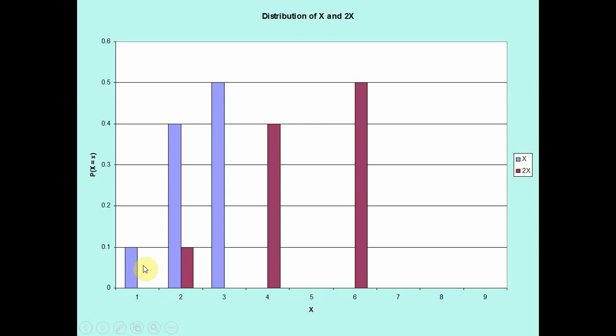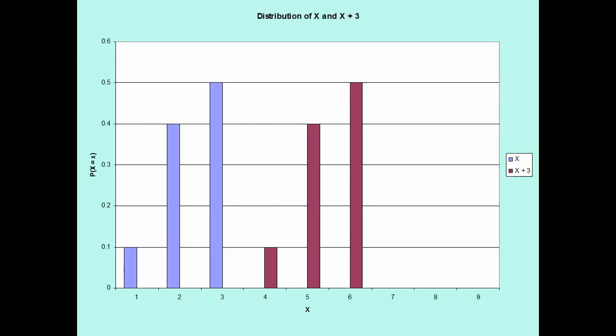The spread also seems to have changed. Here they're spread between these values, here they're twice as spread out, so the standard deviation has doubled. Because the standard deviation is the square root of the variance, or the variance is the square of the standard deviation, we know that the variance would have to go up by 2 squared, so it would be 4 times as big.